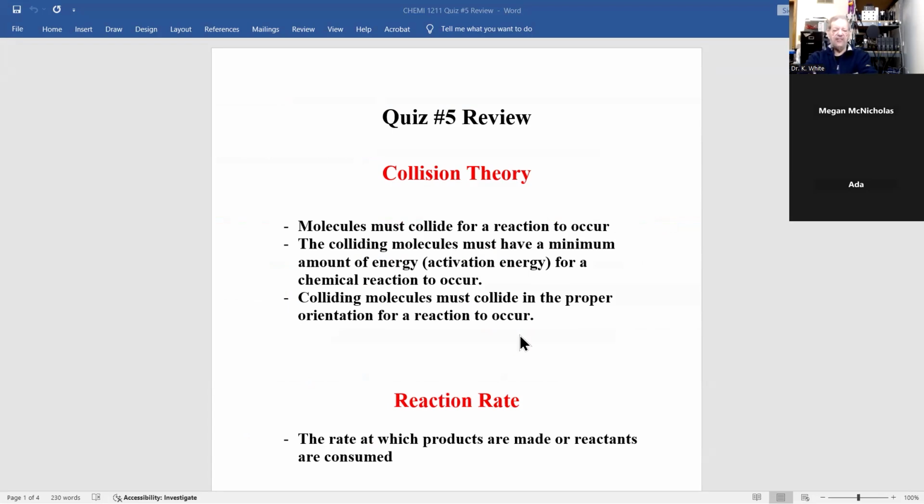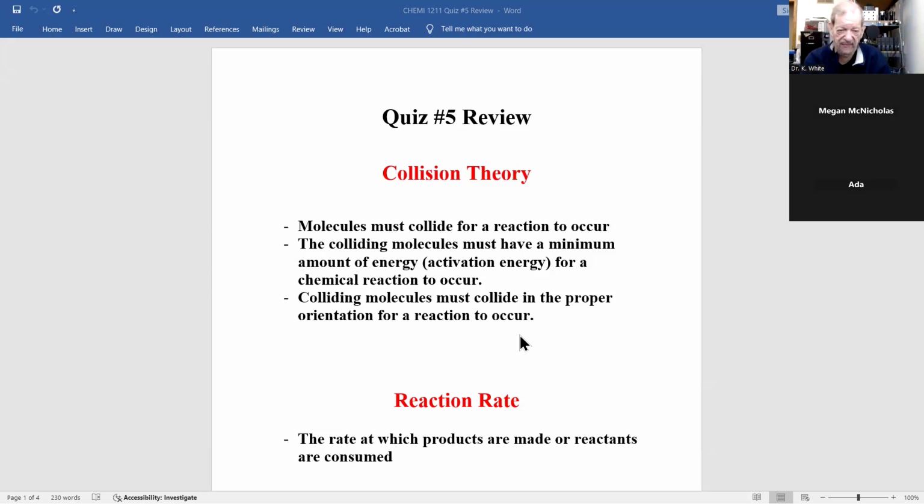First of all, collision theory. You should know molecules must collide in order for a reaction to occur. So that's why it's called a collision theory. In order to have a reaction, one, molecules have to collide.